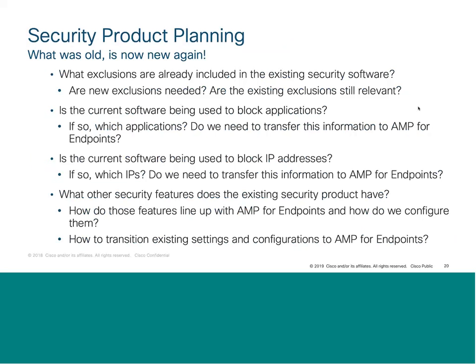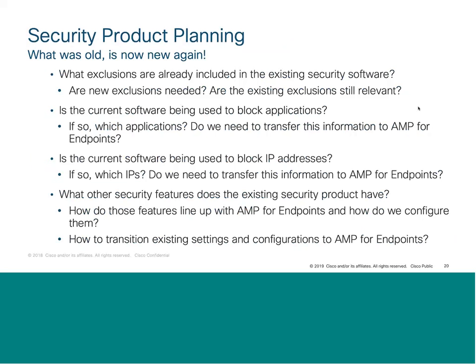Okay, so a lot of these questions, hopefully we have information for. And what we can do is take that information, and one of the steps we need to take as we're looking at all of these exclusions and these application block lists and whitelists, these IP address block lists, is we need to evaluate them on relevance. Maybe they were relevant when they were set up in the customer environment, and that could have been 2 years ago, 3 years ago, maybe longer.